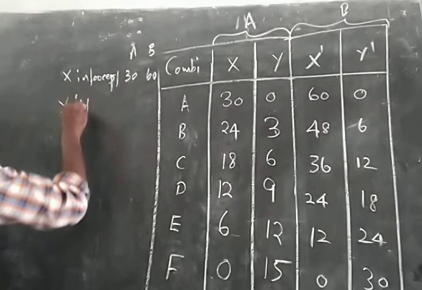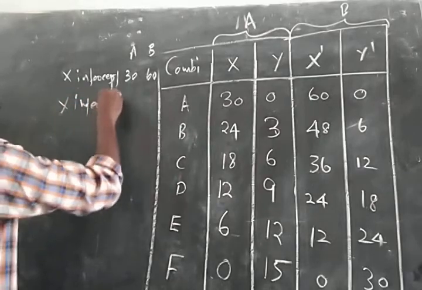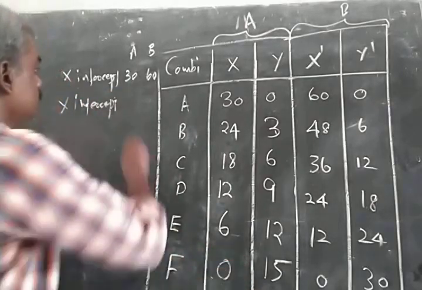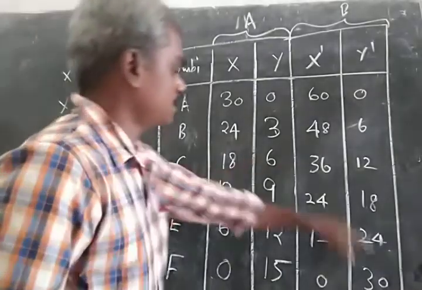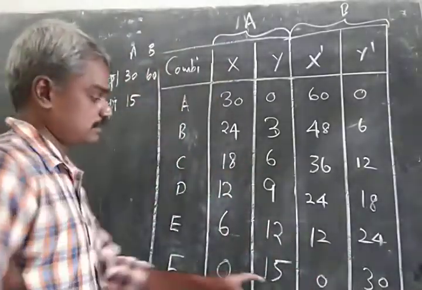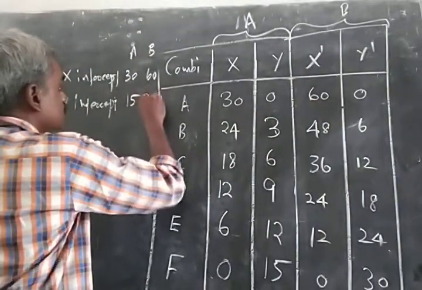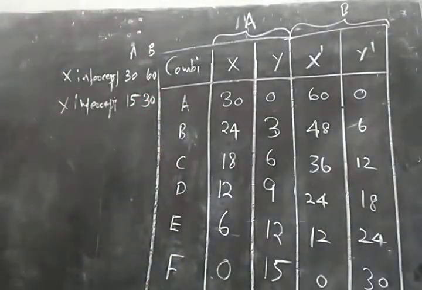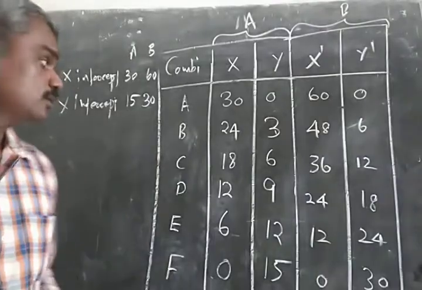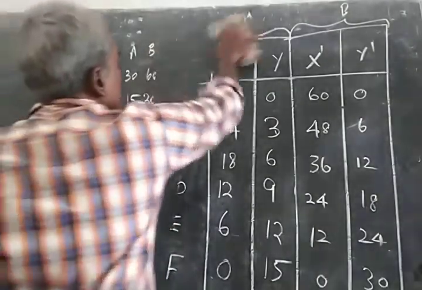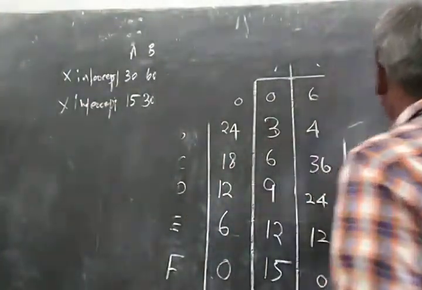What are the y-intercepts? In case A, the y-intercept is 15, and in case B, the y-intercept is 30. So these are the 2 points that we have to note, the 2 intercepts. What happens when this number changes?